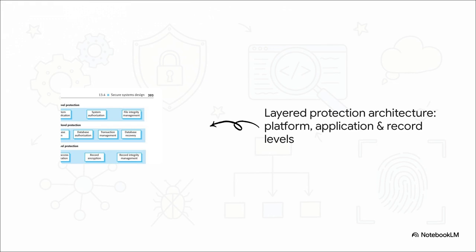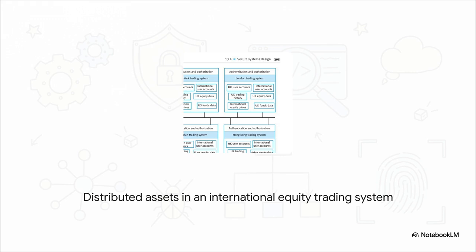Drill down a bit and you hit application-level protection, which manages the user logins to the actual software and handles database authorization. Then right at the core is record-level protection. This is super granular. It checks if a user is explicitly allowed to view a specific patient's record, usually relying on heavy encryption. So a hacker would literally have to smash through all 3 independent walls just to get to the data.